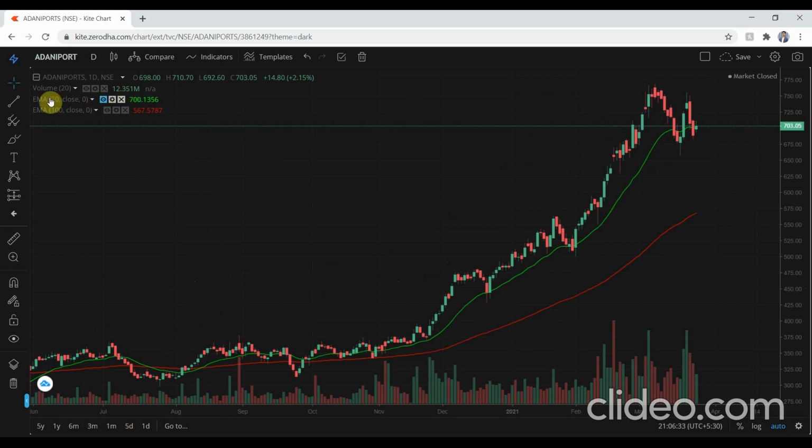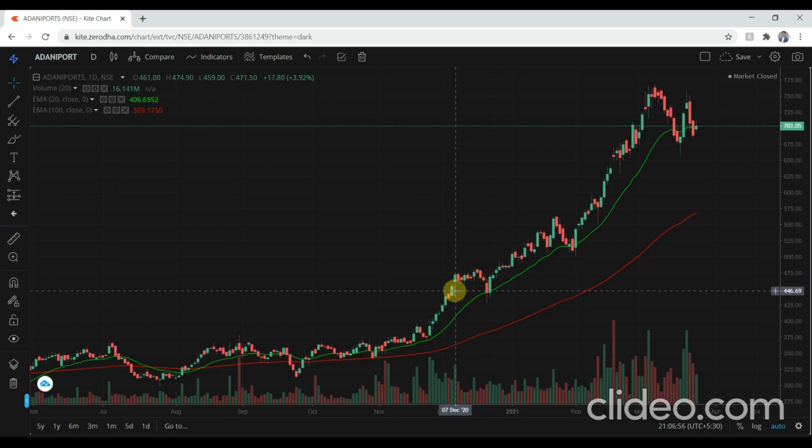Okay, so as you can see, the template that has been applied is the crossover of EMA 20 and EMA 100. For those of you who don't know, EMA stands for exponential moving average, and how it's different from the simple moving average is that the exponential moving average gives weightage to the recent day's closing.